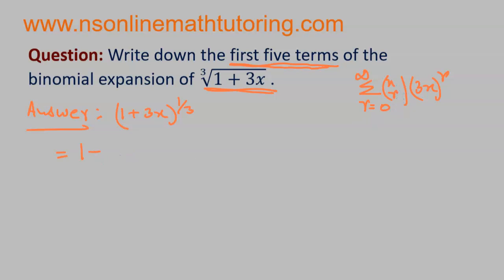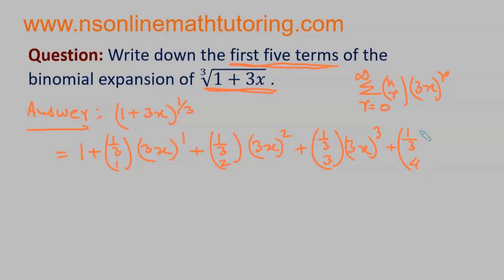So it is plus 1/3 C1 (3x) raised to the power of 1, plus 1/3 C2 (3x) raised to the power of 2, plus 1/3 C3 (3x) raised to the power of 3, plus 1/3 C4 (3x) raised to the power of 4. Okay, these are the first 5 terms.